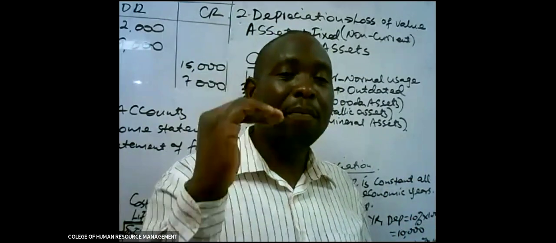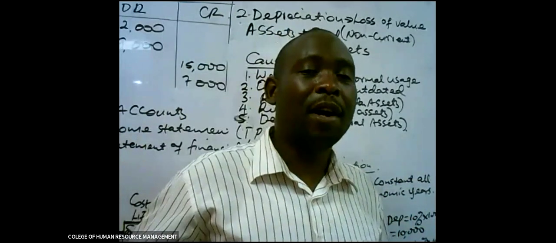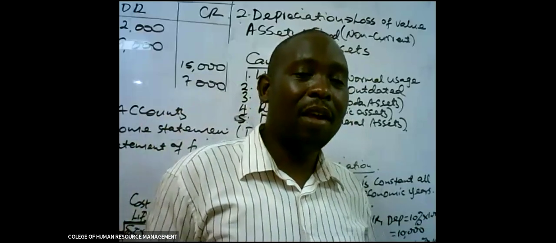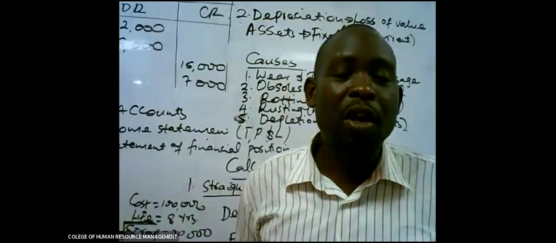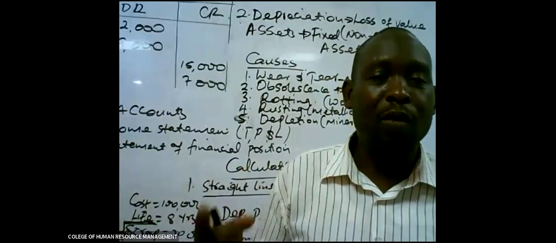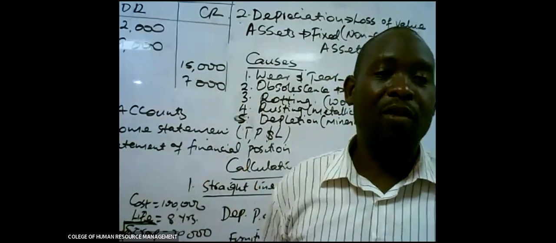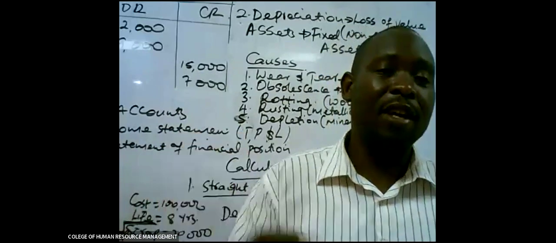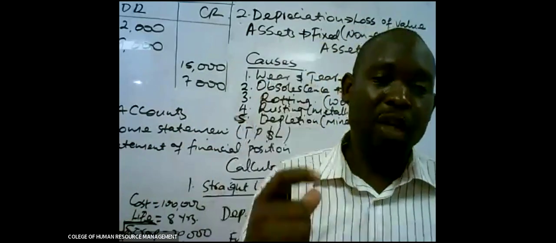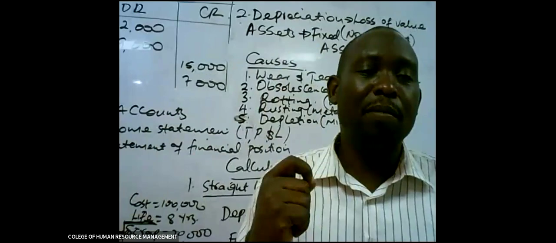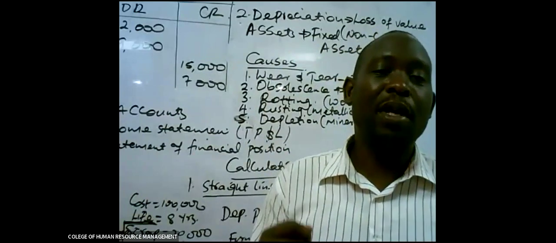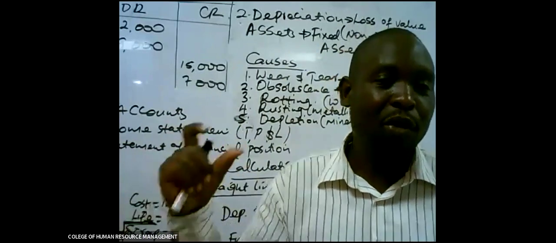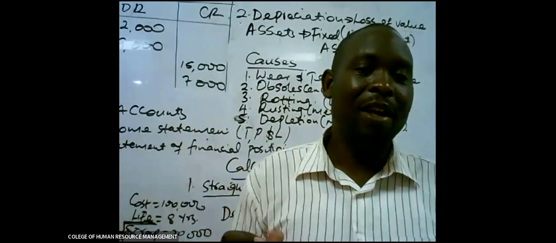In the process of generating this profit, our assets suffered. So the real profit will be 50,000 minus the depreciation that was incurred. Because when we are generating profit, our assets are reducing in value. So the value that is lost in generating this income, we should reduce from the profit so that we can be realistic. We cannot celebrate that we are making a lot of profit whereas we are not providing for the depreciation on the assets that are generating it.